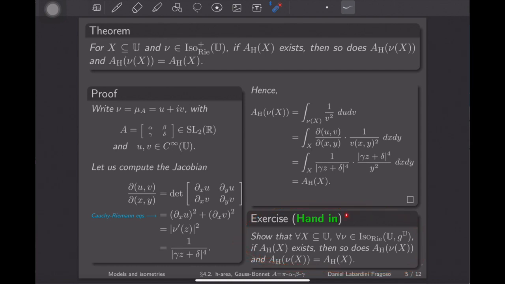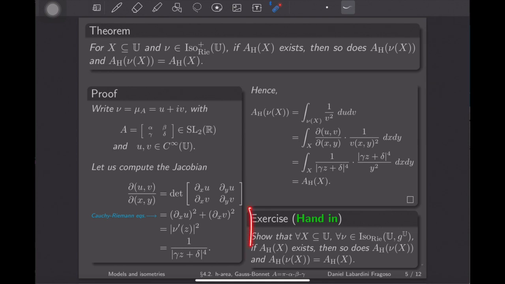So here the exercise asks you to show that for every subset of the upper half plane and every Riemannian isometry, if the hyperbolic area of the set exists, then so does the hyperbolic area of the image of x under nu, and both are the same. So both areas are the same.